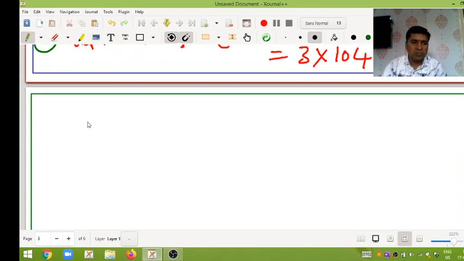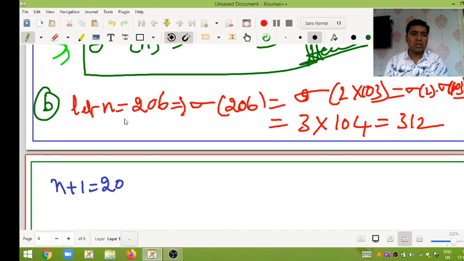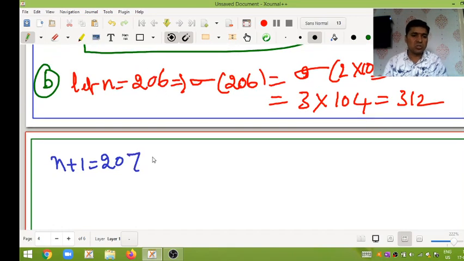So like this way. Next, let n plus 1 is equal to 206 plus 1, which is equal to 207. For this also we want to check.